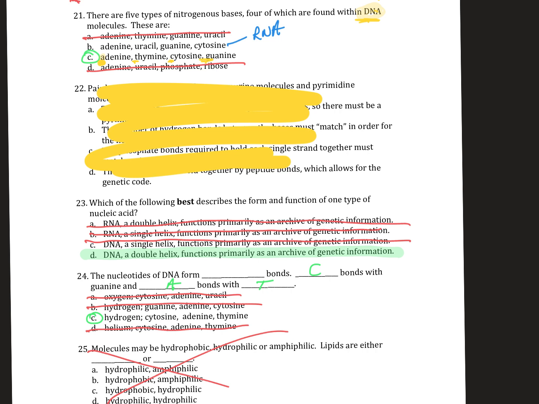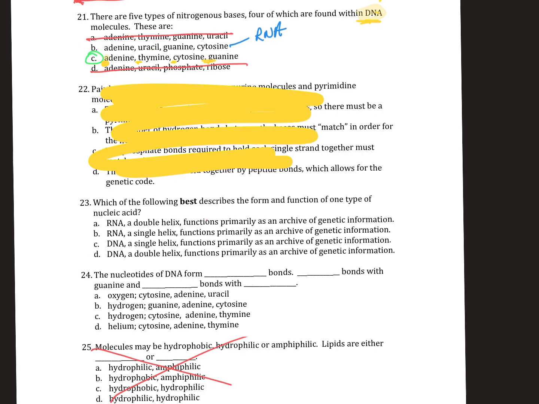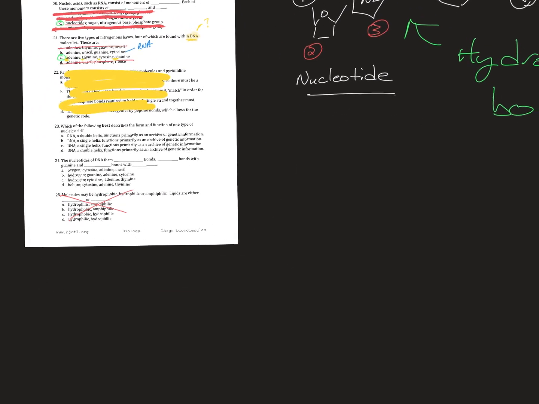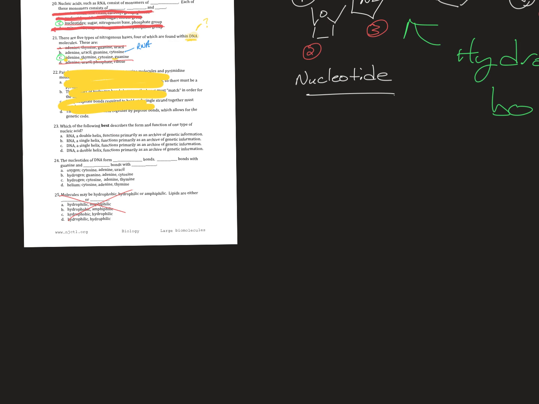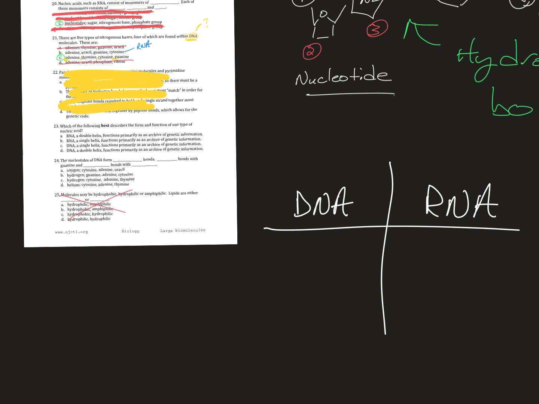What do we know about DNA? What do we know about RNA? Let's write down what we know and what we don't know. We should have memorized it, put it in our notes, gone over our notes, and done study groups on the differences between DNA and RNA. We were told that DNA is double-stranded, has a double helix.